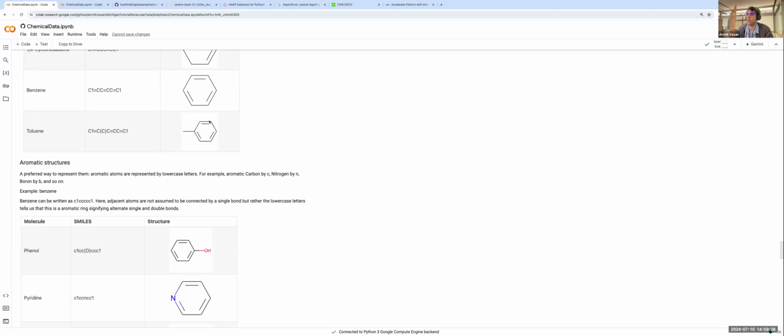And if there's a branch, then you can account for that branch with the parenthesis. But essentially what can happen is that you can generate multiple SMILES strings for a single compound, because you could start the process here and continue downwards, or you could start here and continue this way, or you can start here and continue this way. And each of these would generate a different SMILES string for you. And so this can be kind of an issue because it's not going to be a one-to-one mapping.